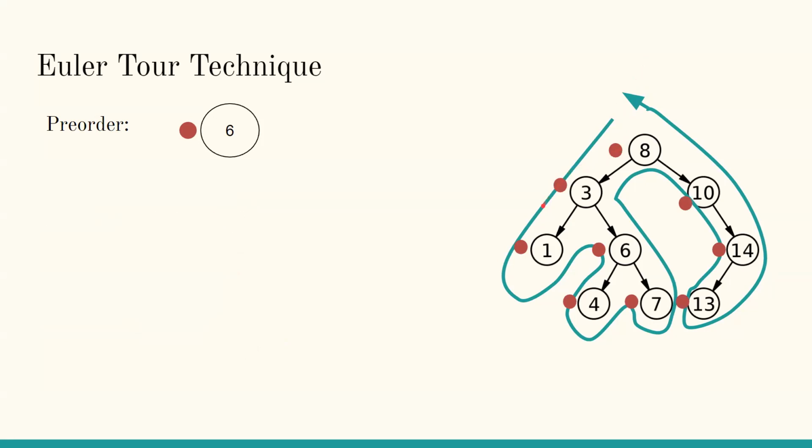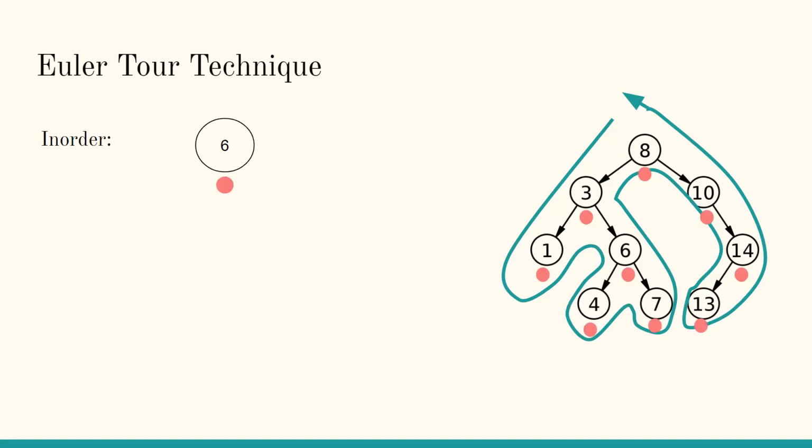Then we hit 3, then 1, then 6, 4, 7. Go all the way back here. Hit 10, 14, 13. And that indeed is our answer. So let's go over this again: 8, 3, 1, 6, 4, 7, 10, 14, 13. As you can see, this is way faster than the other way.